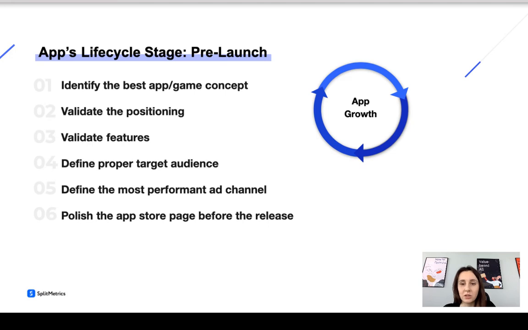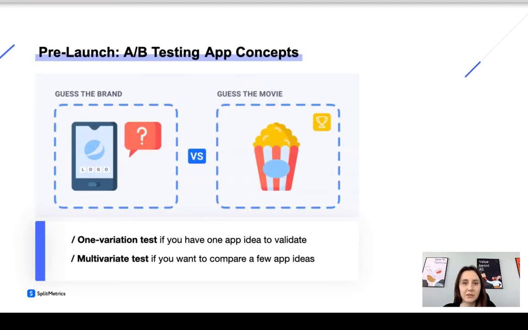So now let's get deeper into each of the applications. To identify the best concept of your non-existent app, you can come up with one idea and create a one variation experiment to check the performance.